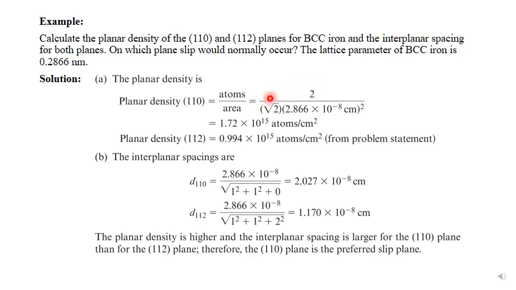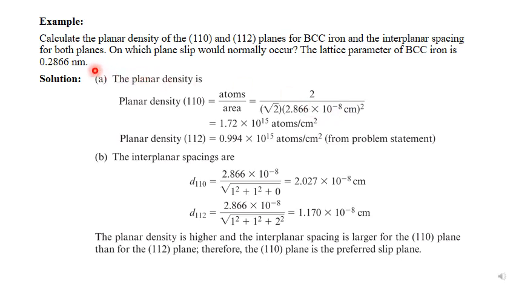So the total number of atoms is 2. And the area, we remember how to derive the area as a function of R, as a function of lattice parameter. So what we need to do is just putting the lattice parameter A here.